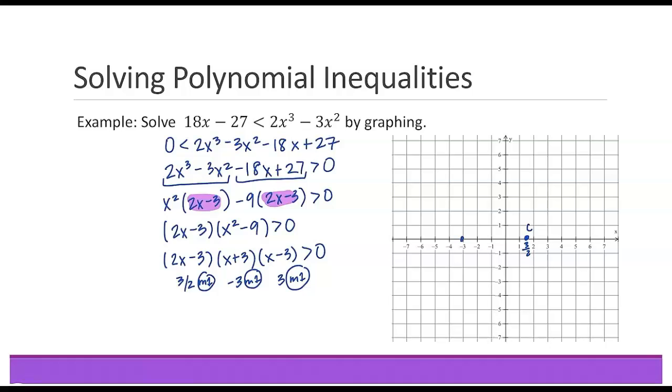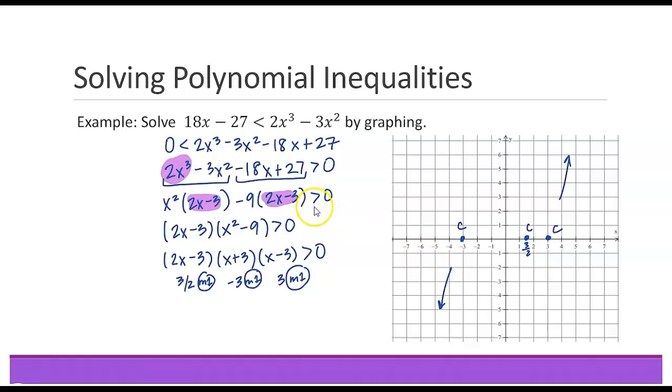I'm going to have negative 3, and it's going to cut, and I'm going to have positive 3, and it's going to cut. And then my leading term, well, let's not work with the factored version. Let's just look back at the standard form of the polynomial, 2x cubed. So the end behavior is that the right side points up and the left side points down, like regular x cubed. That's positive.